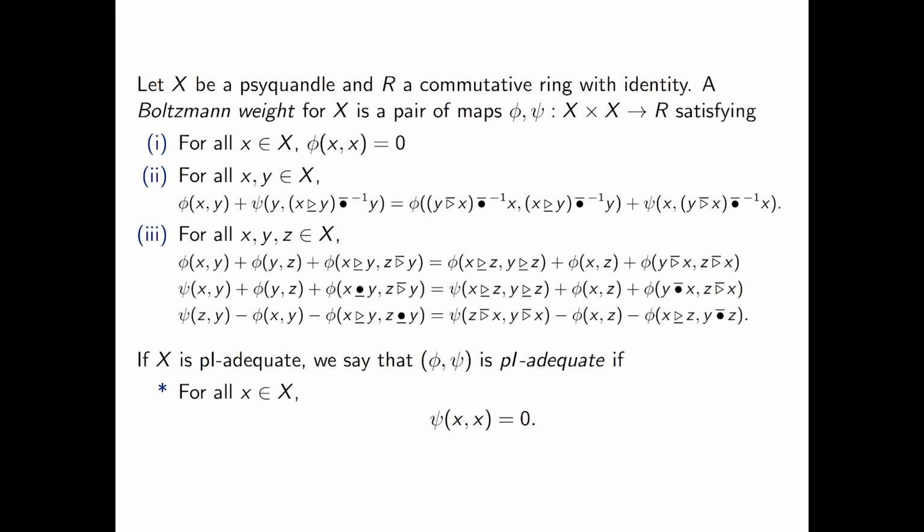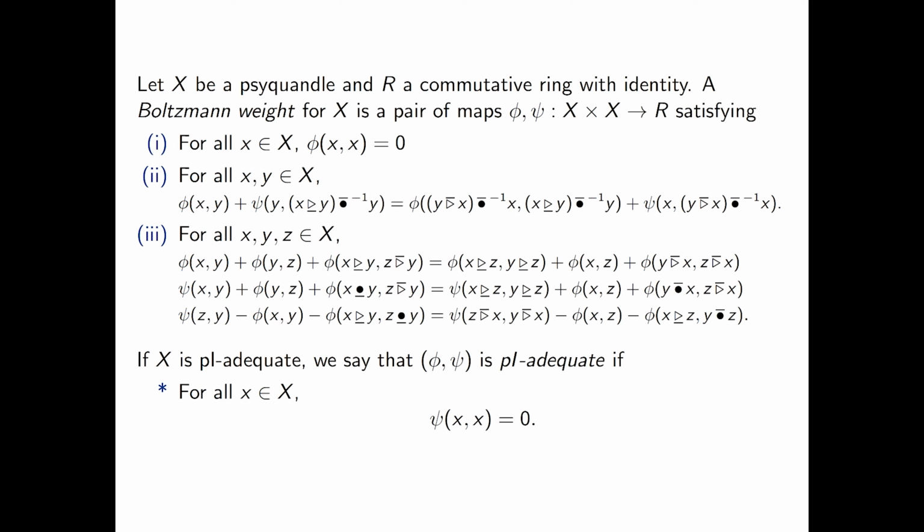So again, how do we get these axioms? Similar to the case of a Psyquandle, these Boltzmann weight conditions or axioms are motivated by the Reidemeister moves. If you're considering singular links, then you're going to consider the generalized Reidemeister moves.